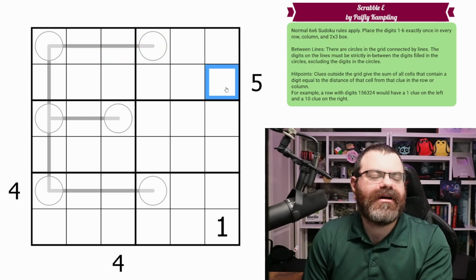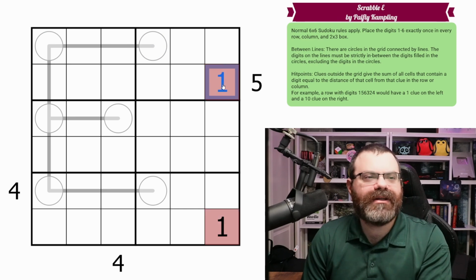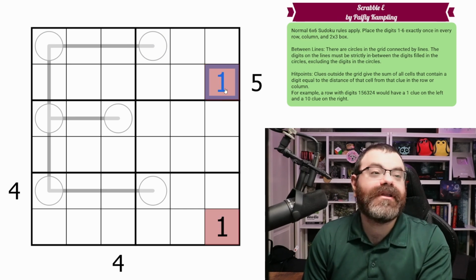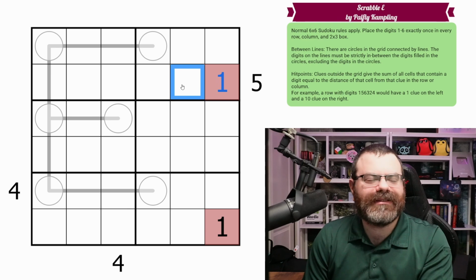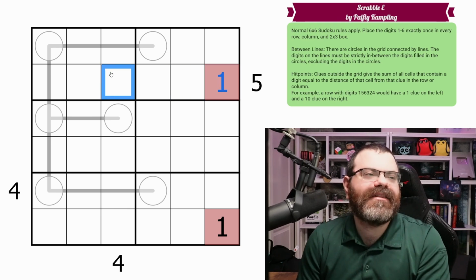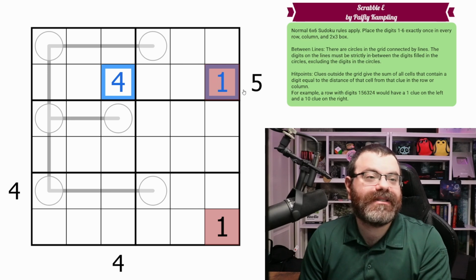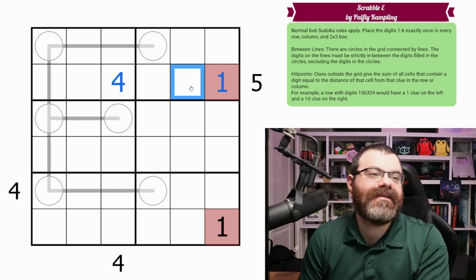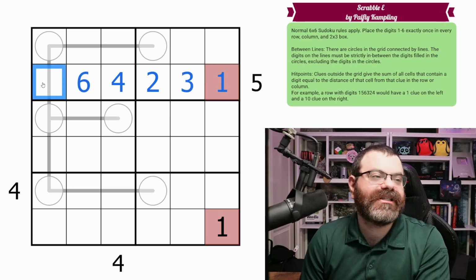So maybe we could give a concrete example for this 5. So counting from this 5, maybe we would get 1. Oh, I guess it can't be a 1. I'm going to do it anyway, just so I don't get the correct answer here. So maybe I would want the 1 and the 4 to match in distance. So that 1 plus 4 is 5. And then the other ones wouldn't. So like 3, 2, 6, 5, for example.